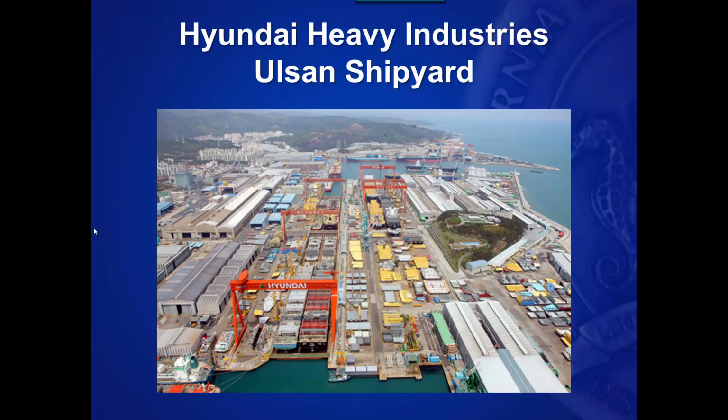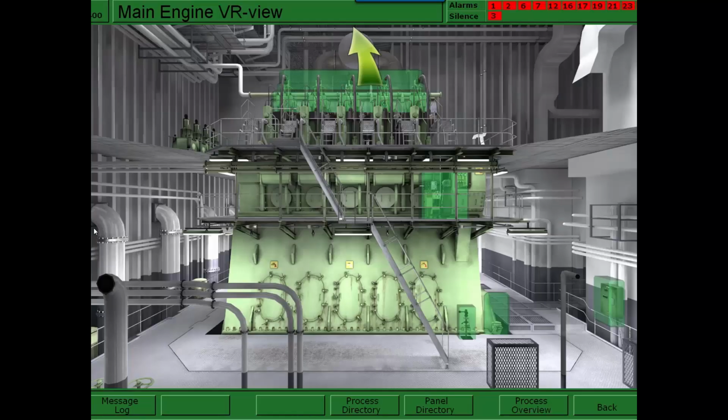In this exercise, the engine is rolling over on the turning gear and has already been prepared for departure, and then we are going to maneuver the engine out and take departure within this exercise itself.